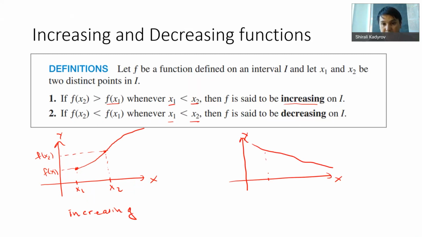Here's my x1, here's my x2, and if you compare the values, this is my f of x1. It's bigger than f of x2. So f of x1 is bigger than f of x2. That's an example of a graph for a decreasing function.